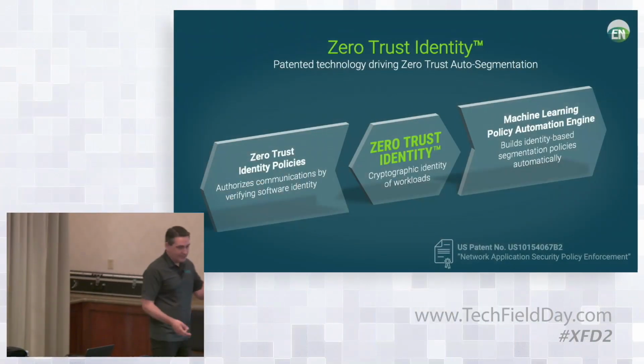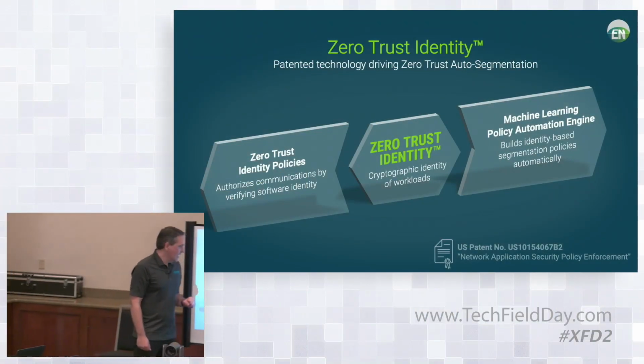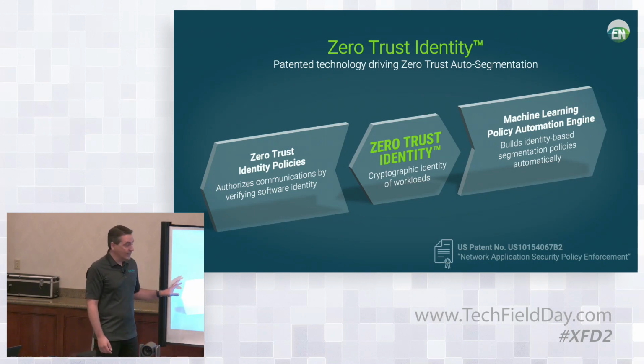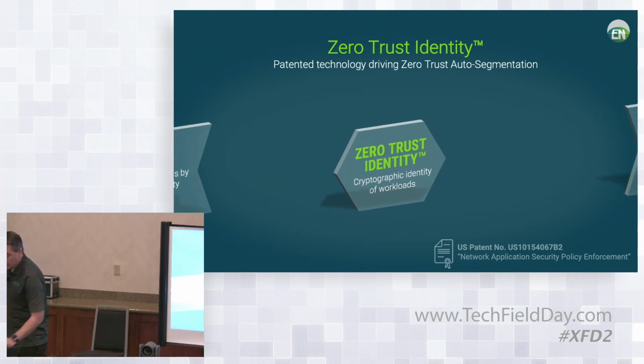Let's do this. So we use properties. We call it zero trust identity, buzzy, for 2 reasons. One is to build these identity-based policies, and the other is for the machine learning engine. So what are these properties?